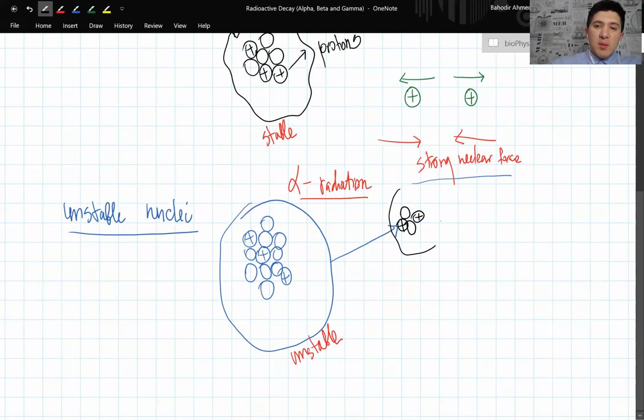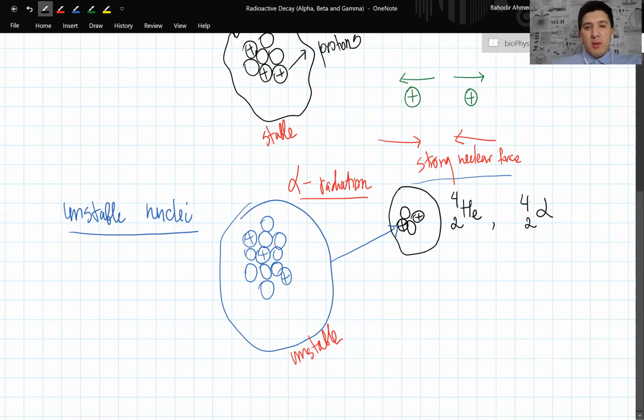This particle, the 2 neutrons and 2 protons, is called the alpha particle, or helium. So the helium is going to have 4 particles in total and 2 protons. Let's choose an example.